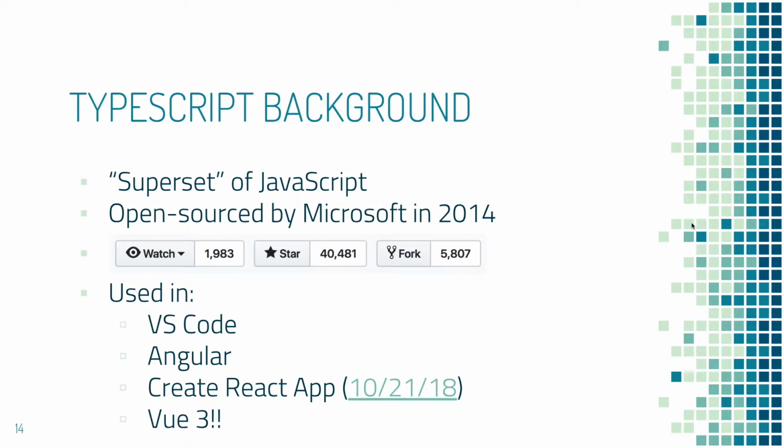At the time I wrote this, it was big news that Create React app, so the essential, if there is such thing as an essential React application or starting point, had added a TypeScript option in October, and that was really big news. And then Vue 3, so we can start using it right now, which is great.